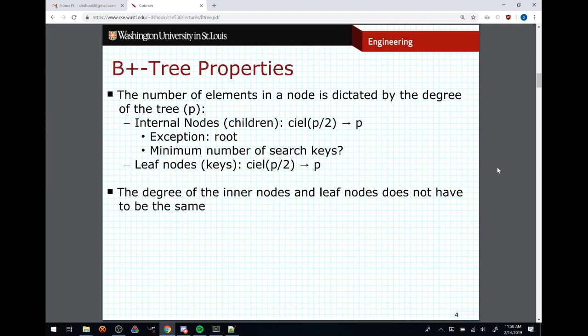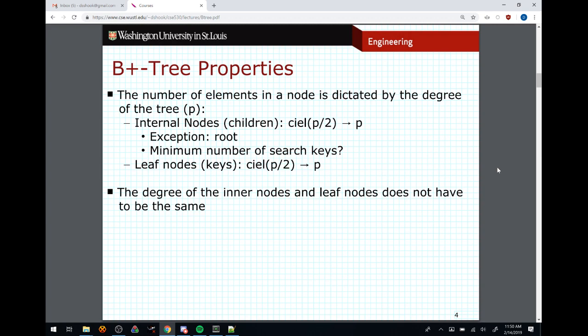Okay. Next, let's define some important properties. The number of elements in a node is dictated by the degree of the tree, which we're calling P. And so we've got 2 nodes to consider here.